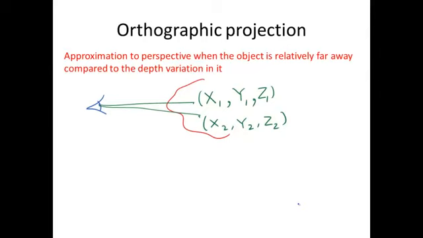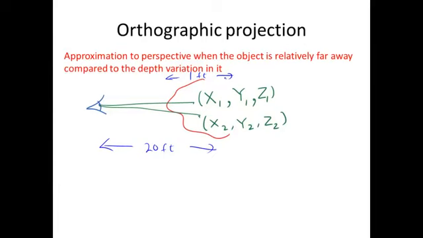Imagine that here is the camera indicated by the eye, and you're looking at some object, and this distance might be like 20 feet or something like that. And the depth variation within the object is more like 1 foot. That's the kind of scenario. You're looking at some smallish object relative to the distance that it is with respect to the camera.